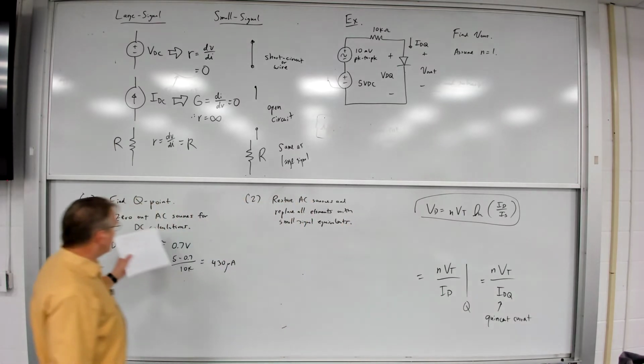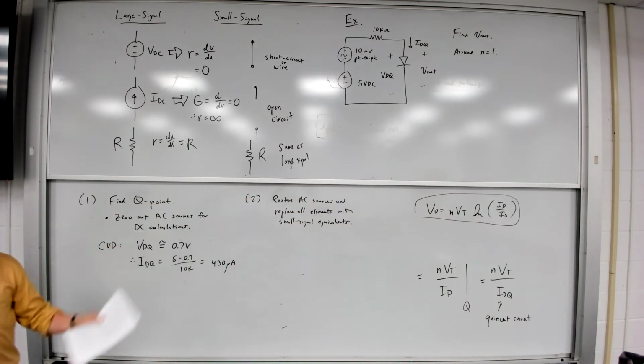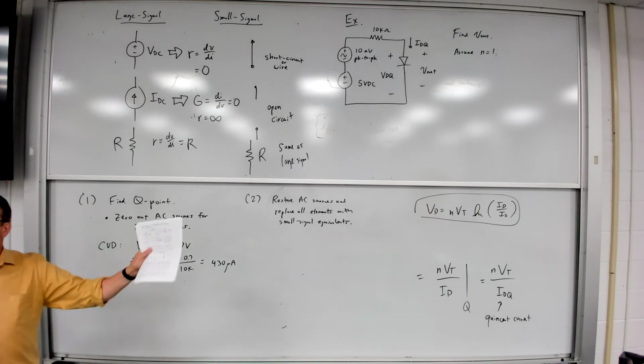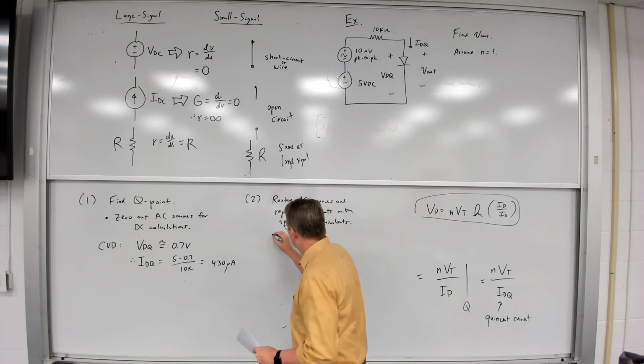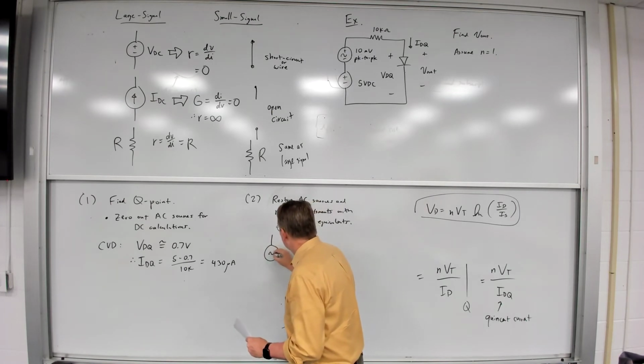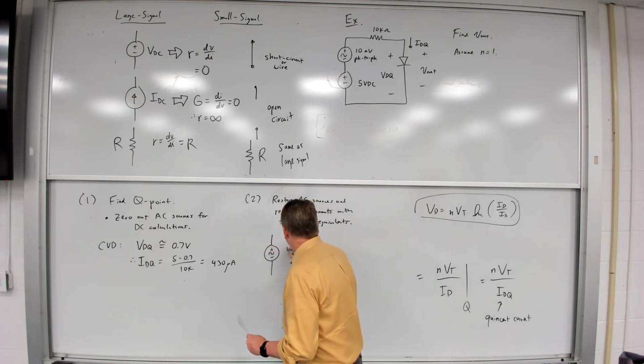I'm going to take the AC source that I zeroed out before and restore that. And then every other element, I'm simply going to transform. So in this case, my 10 millivolt peak-to-peak source is back.